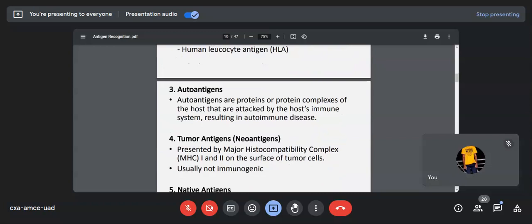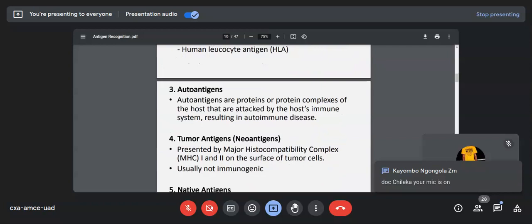What do we mean by auto antigens? There is a topic we'll do on autoimmunity, but let me give you a briefing. In some cases, immunity cells can misbehave. They can start fighting normal body cells.